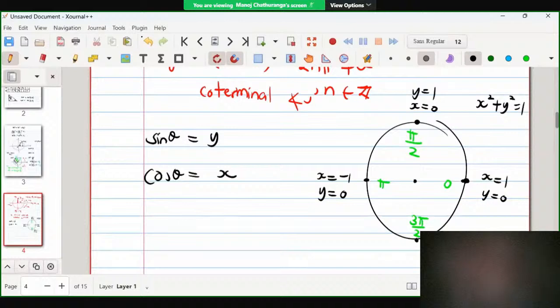So we can usually easily memorize these values. Sometimes they are helpful.